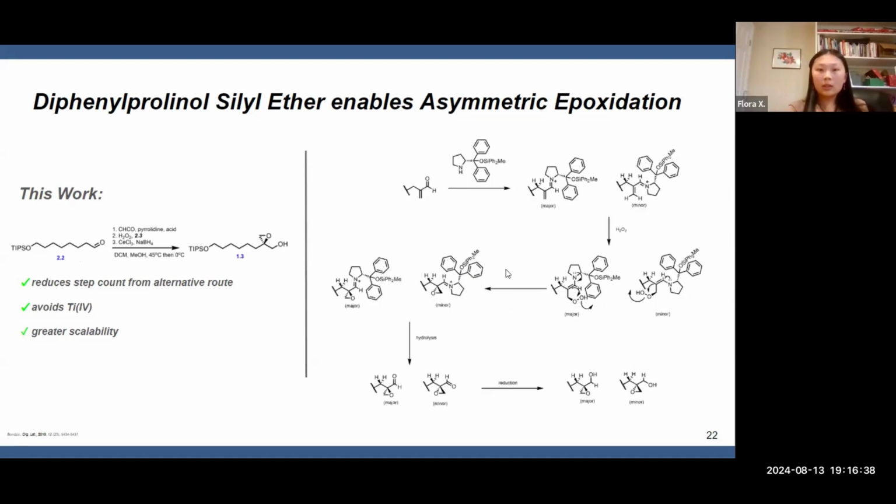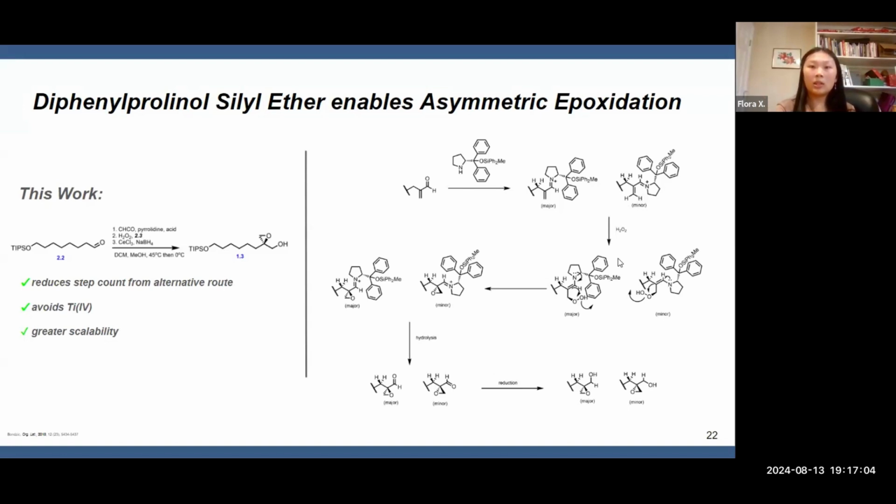To get this forward-facing epoxide, this pyrrolidine catalyst first forms the same complex that you saw in the aldol condensation earlier, where it forms a major product this way, where the hydrogen here on the pyrrolidine is not sterically encumbered by this hydrogen here on the olefin, which is the minor product.